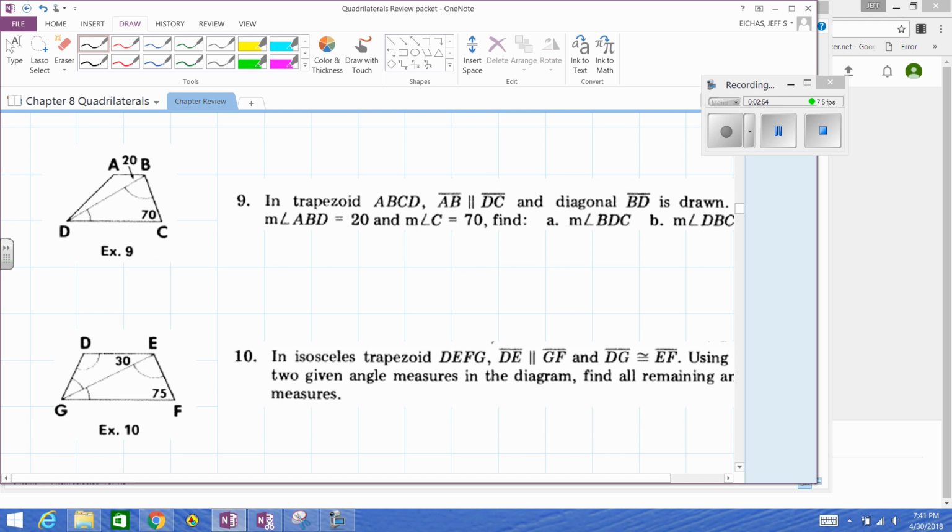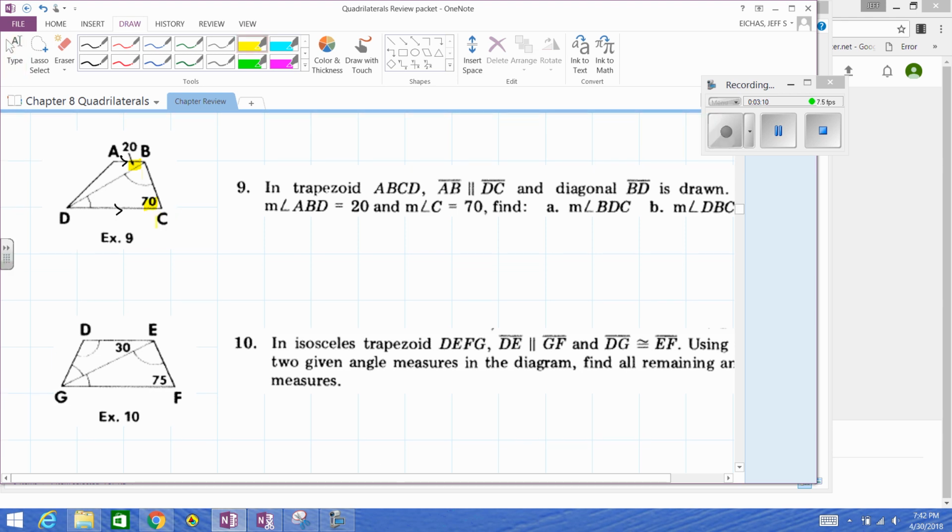All right, next, trapezoid. So AB is parallel to DC, BD is drawn. So this top one up here, right there, 20 degrees and 70 degrees. First, we're looking for the measure of angle BDC. Let's just really try to break this problem down.